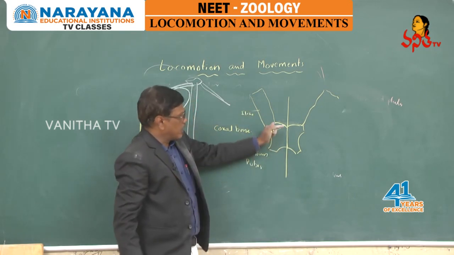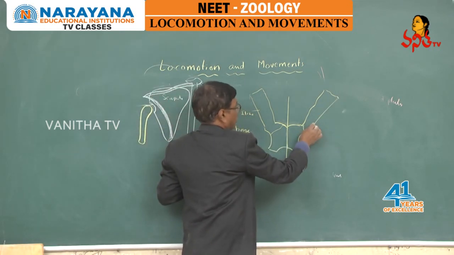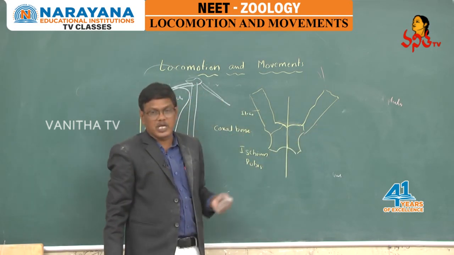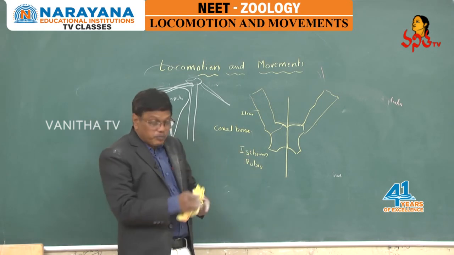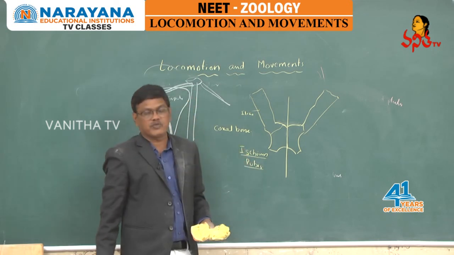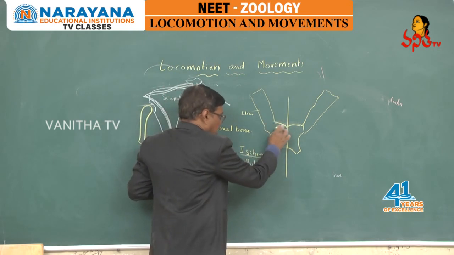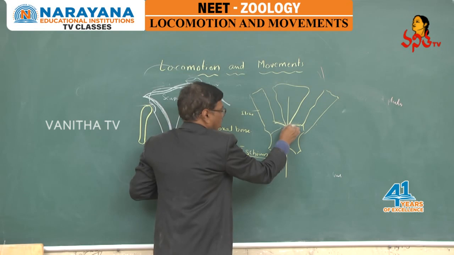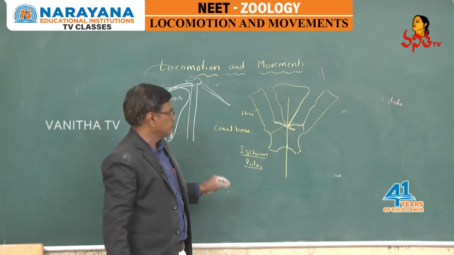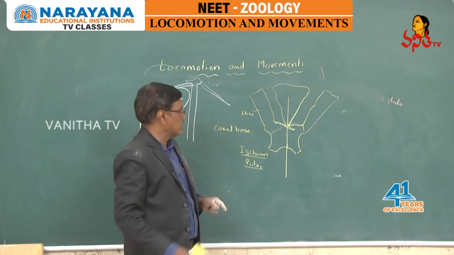The complete anterior dorsal and anterior ventral part is formed by the iliac bones, the posterior dorsal part is formed by the ischium, and the posterior ventral part is formed by the pubis. Into the groove present between the two coxal bones, the sacrum and the coccyx extend like this. Means one more connection: the sacrum is part of the axial skeleton, and the pelvic girdle is part of the appendicular skeleton.